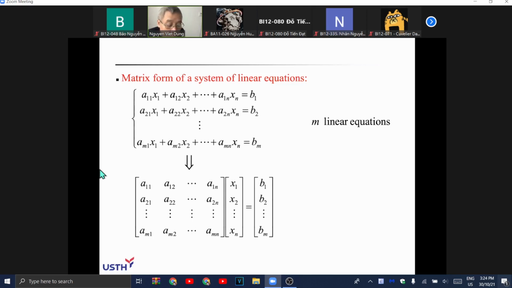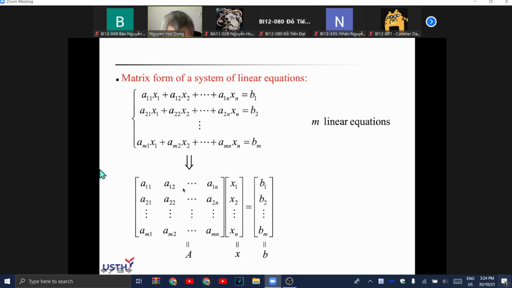So you see, now we have only one equation, and that is the multiplication of two matrices. A is the coefficient matrix, X is the column of variables, and if we multiply the two matrices, you will get the left-hand side of the system of linear equations.